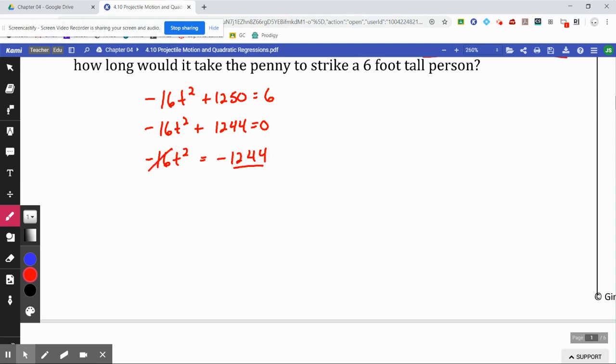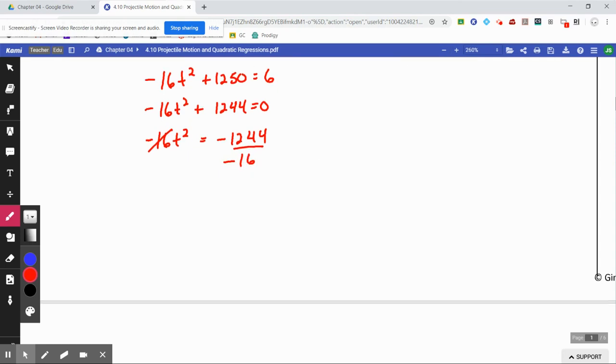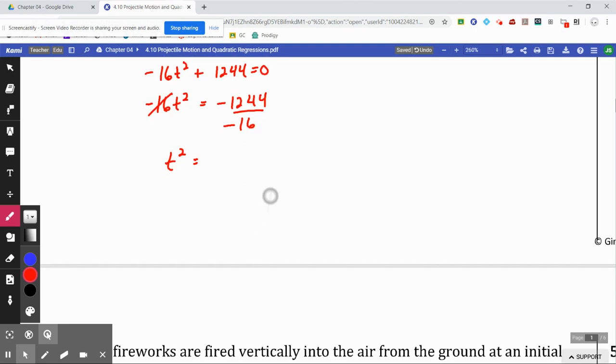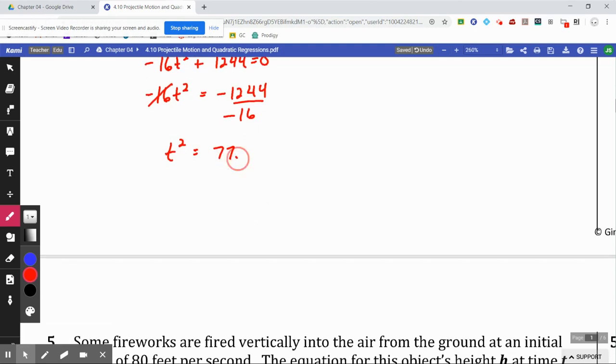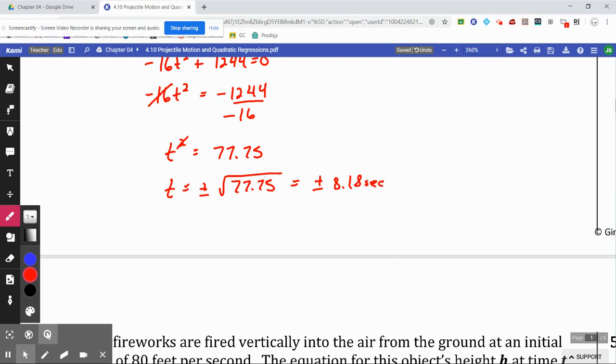Get rid of the negative 16 by dividing by negative 16, and that gives you that t squared is equal to 77.75, and then to get rid of a square, we take plus and minus the square root of 77.75, and we get plus and minus 8.818 seconds. Excuse me, that's supposed to be 8.818 seconds.